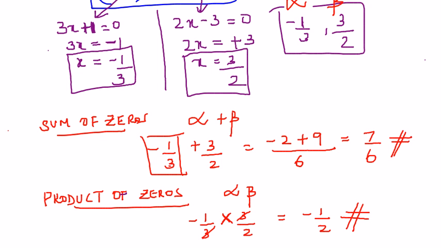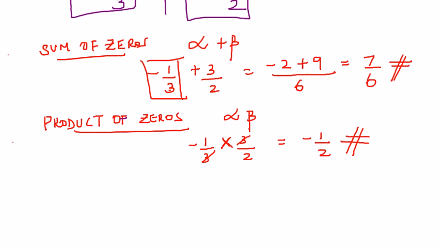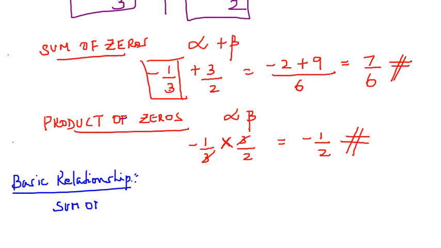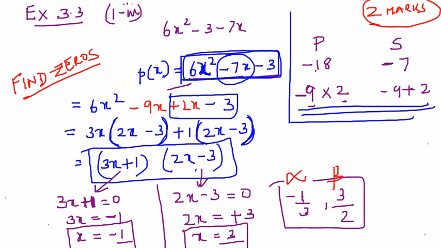Right? And what is the basic relationship? You have found the sum of zeros and the product of zeros. Right? Next you have to verify the basic relationship. So the other way of finding out the sum of zeros is using the formula minus b by a, where minus b is the coefficient of the x term, right?